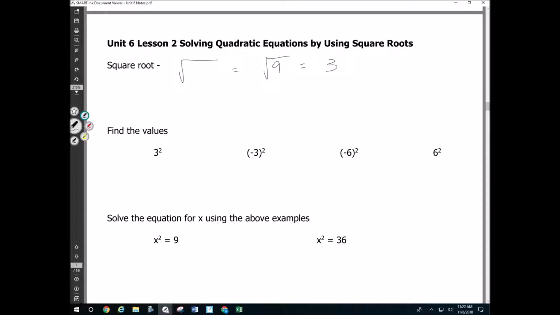Did you know this is the same as a fractional power, though? A square root is the same as a 1/2 power. So go ahead and do a little experiment with your calculator. Type in 9 and then use the caret and type in the fraction 1/2. You're going to get the same exact value.